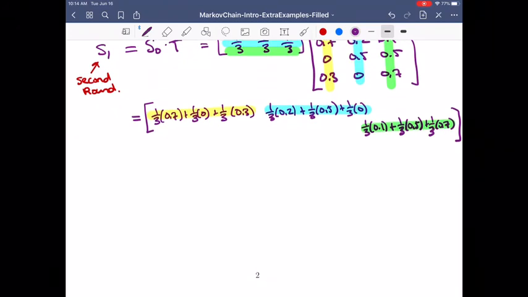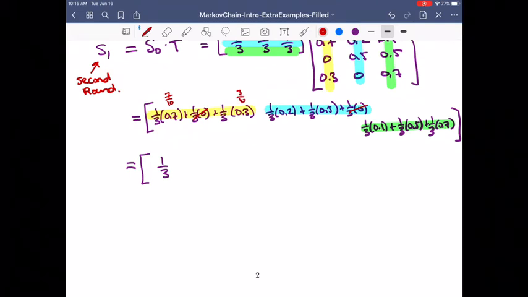So if we compute these, the first one is 10 out of 30, or 1/3. I'm converting them to fractions. For instance, 0.7 is actually 7 out of 10. This is a 0, so it doesn't matter. And this is 3 out of 10.